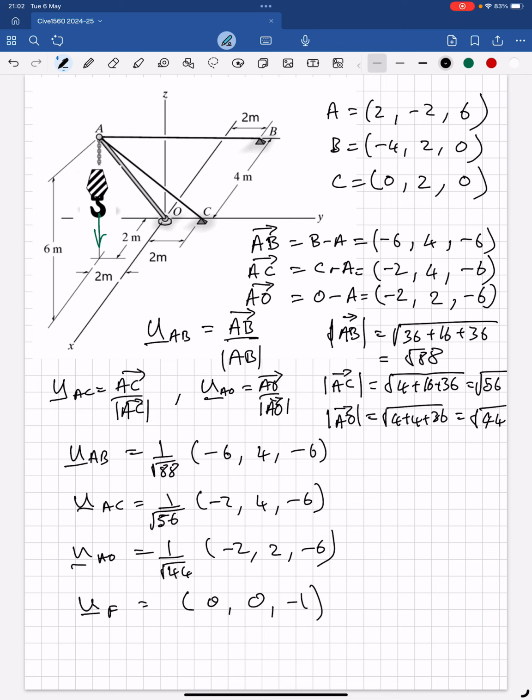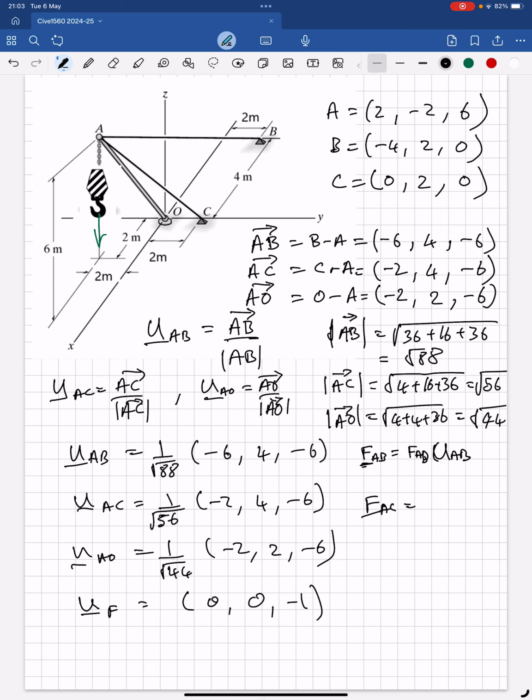So we can calculate now our force vectors. The force vector AB is equal to FAB, not a force vector, a magnitude, times that unit vector UAB. I'm not going to write them out in full just now because we don't need them quite now.